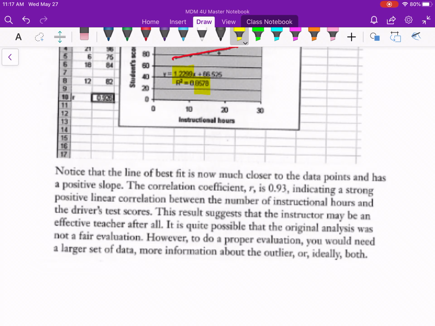The R value is 0.93. So the results suggest that the instructor may be an effective teacher overall. To do a proper evaluation, you need a larger set of data. You always want more data, right? More information about the outlier, or ideally both.